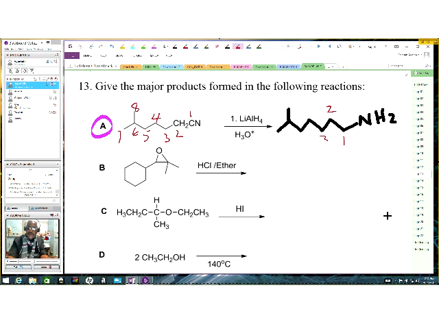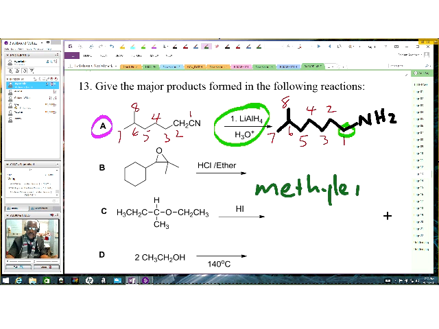So the point to be made here is anytime you have a nitrile, and you have this reagent here, which is lithium aluminum hydride followed by hydronium ion, you get a primary amine, and the carbon of the nitrile becomes a methylene group, which is a CH2 group, okay?